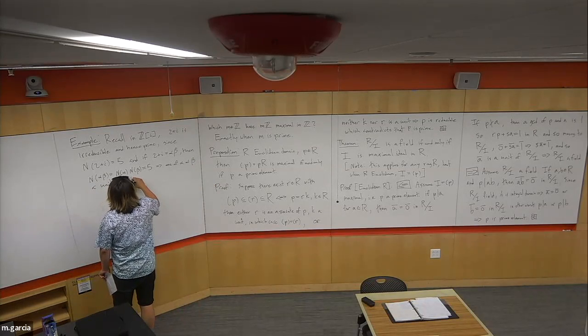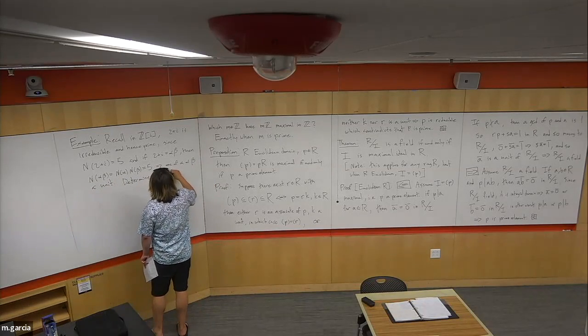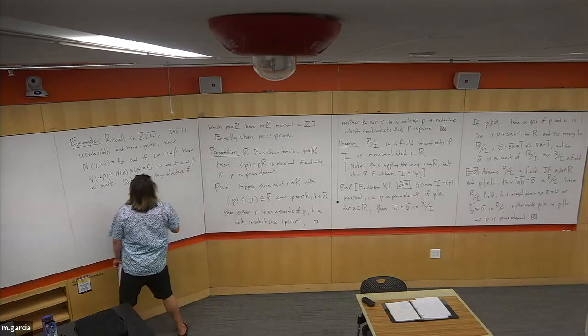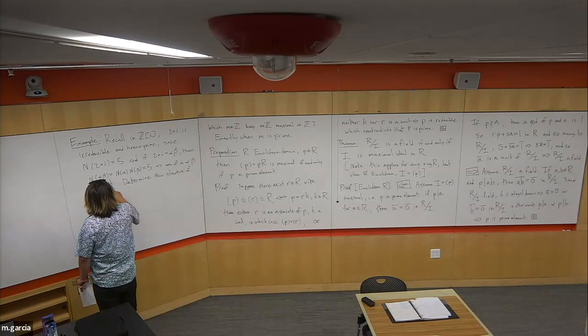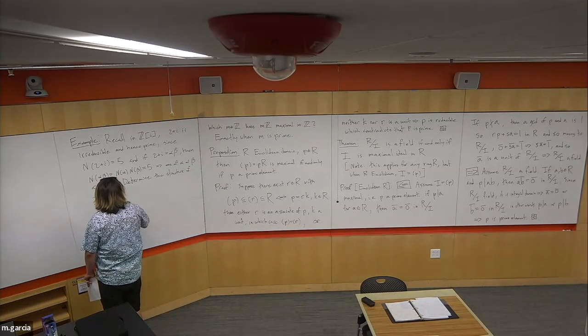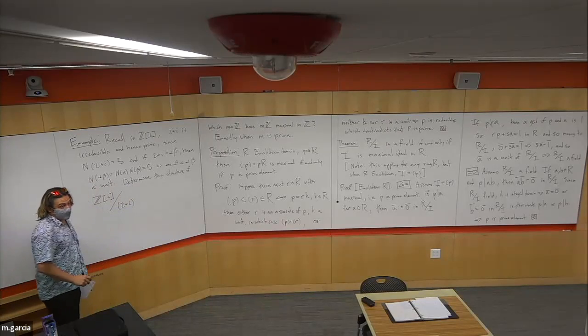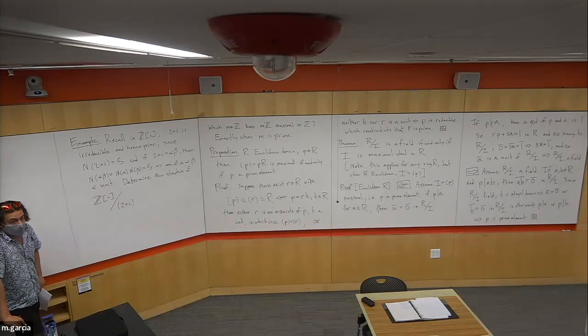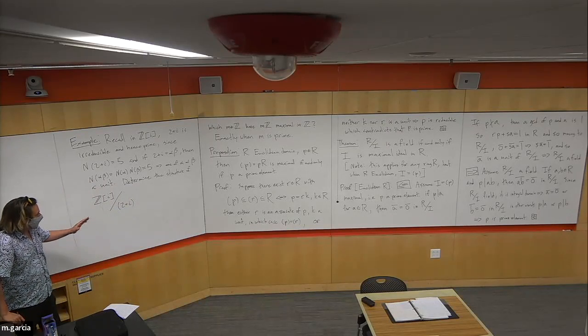Okay, so here's what I want to do. I want to determine the structure of Z adjoint i mod the ideal generated by 2 plus i. Again, what am I really doing here?